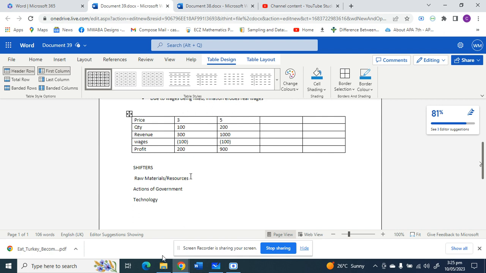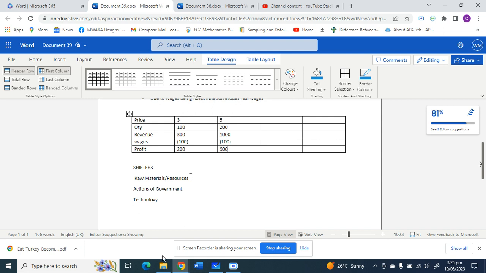So you'll be less likely to increase your supply if the price of your raw materials goes up. But if the price of raw materials goes down, you can buy more materials. Raw materials, wool in this case, you can buy more wool, you can supply more of the jerseys.